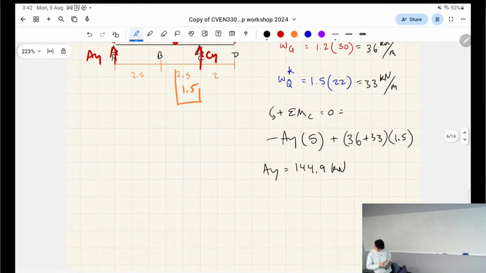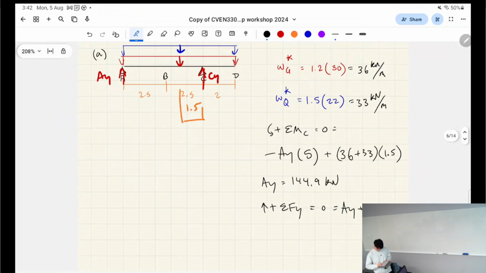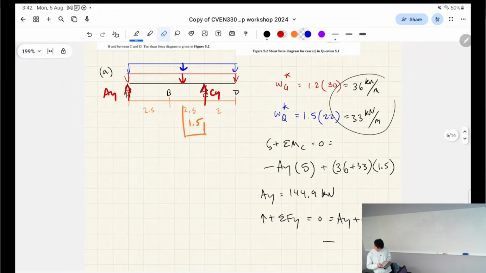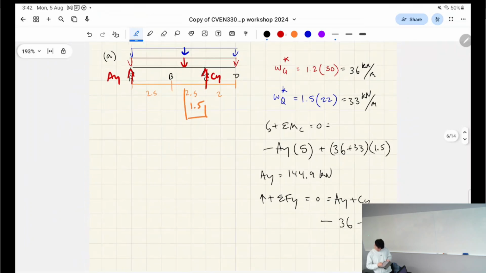We're going to take the sum of the vertical forces, which gives AY plus CY minus these two numbers, 36 and 33. That gives us CY. It's 338.1 kilonewtons.